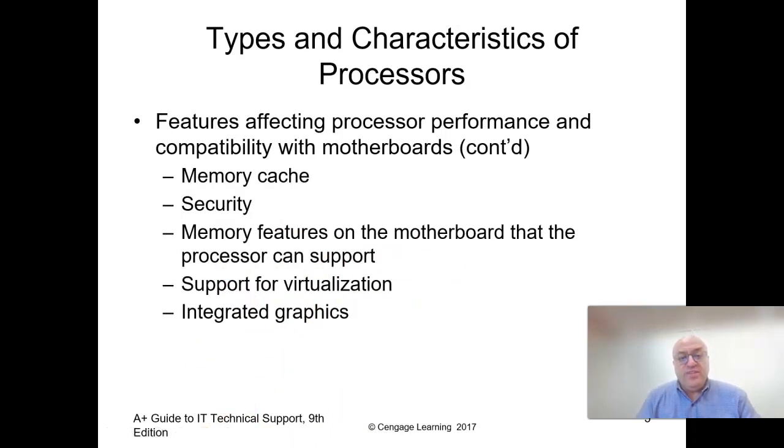Also the things that affect the processor performance: compatibility with the motherboard. Sometimes the processor is Core 5, but the motherboard doesn't support Core 5. So this is very important. Or the processor works with a 64 data bus, but the motherboard works with 32.